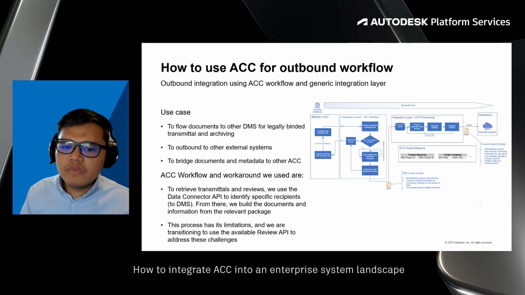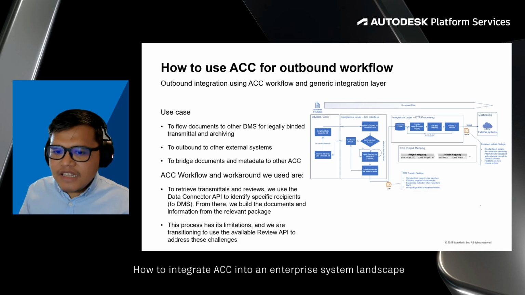Also, specific recipients need to be set up for us to be able to map this workflow to the intended functionality. So for transmittal, we are actually using a service account, added to the project in ACC. And whenever we create a transmittal, we need to add that service account as the recipient of the transmittal.